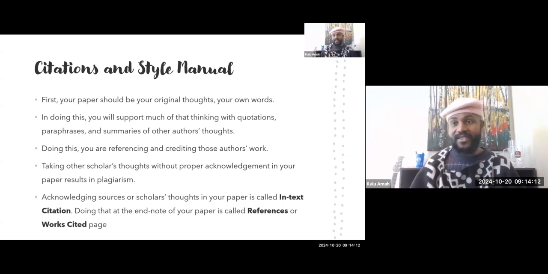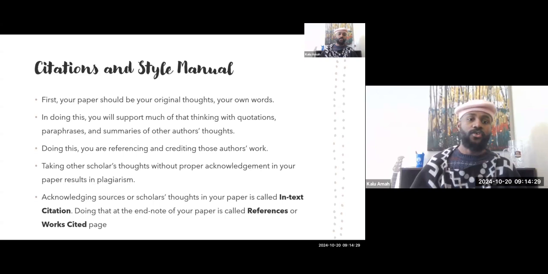But if it's just an article where you didn't conduct an empirical study, that means you didn't interview people, the works cited page will definitely be the last page in your essay, after the summary. For the most part, it's always the last page, and we call it endnote.